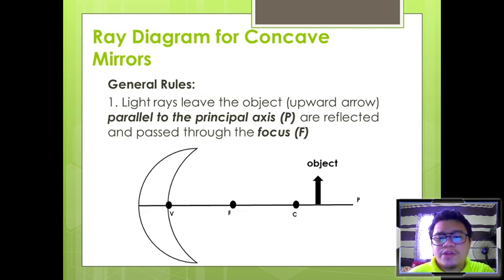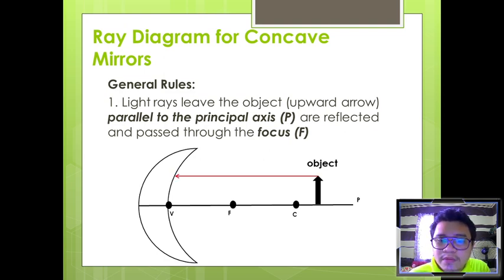Light rays leave the object parallel to the principal axis. So you always start, in this case, since my object is an arrow, from the very tip of that object and then follow the rule as it says that it will always leave the object parallel to the principal axis.